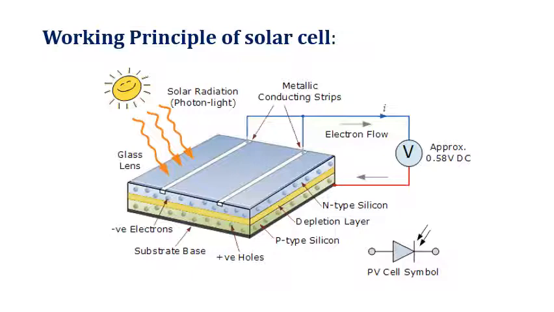The flow of electrons through the external conductor constitutes an electric current, which will continue as long as more free electrons and holes are being formed by the solar radiation. So this is the basis of photovoltaic conversion, that is, the conversion of solar energy into electrical energy.